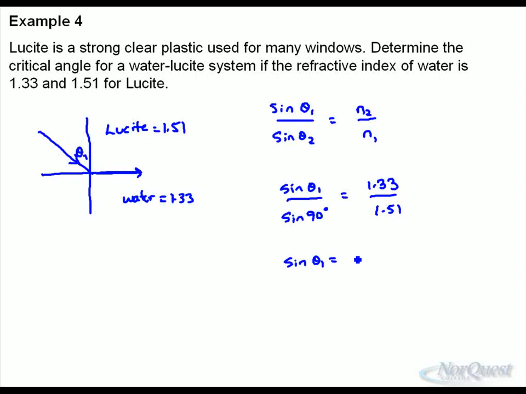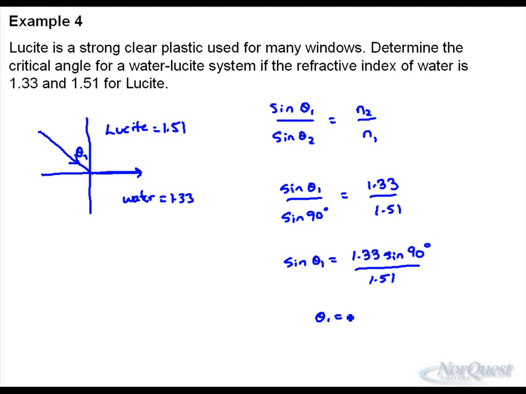And to find sine theta 1, or to find theta 1, multiply by sine of 90, so 1.33 times the sine of 90 degrees divided by 1.51. And then again, like we did in example 2, once you get that ratio, you'll get a decimal answer.